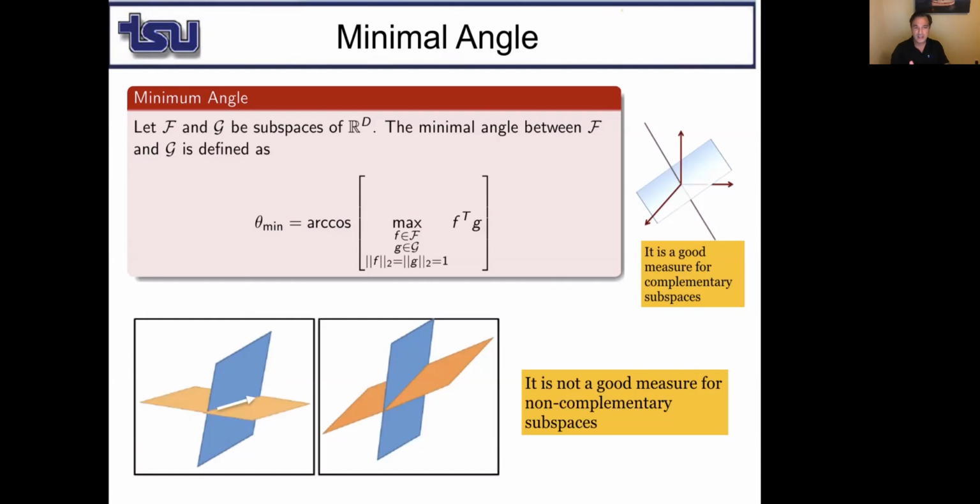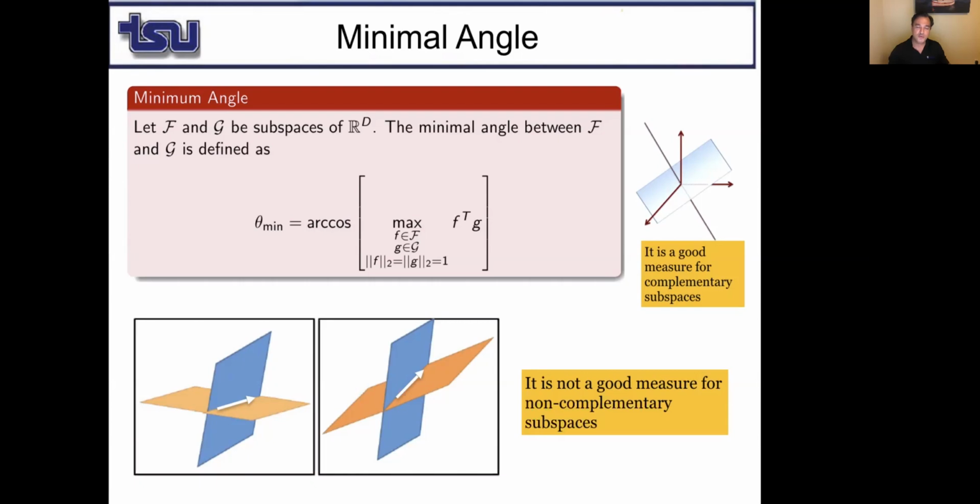So if I take two vectors along this line, one will belong to the blue, the other one will belong to yellow. And the angle between them is obviously 0, right? So if the spaces are not complementary, the minimal angle will be 0. So that's not very useful in our case. So minimal angle is useful if what? Subspaces are complementary. Otherwise, minimal angle does not tell us much.